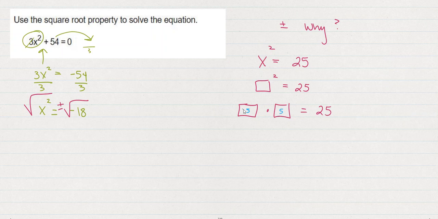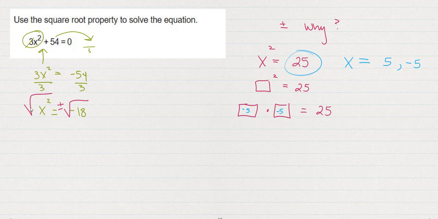But do you see that we could also do a negative 5 times a negative 5? So x isn't just going to be 5. It's 5 or negative 5. And that's going to go the same way with any value that we put here where it's x squared equals something. So that's why we're going to use the plus or minus.